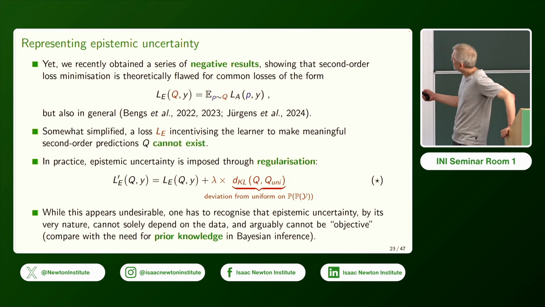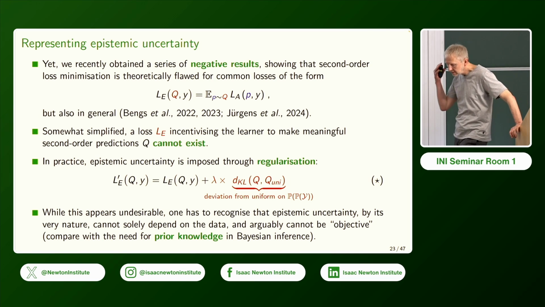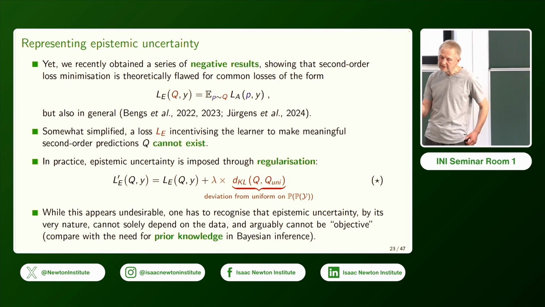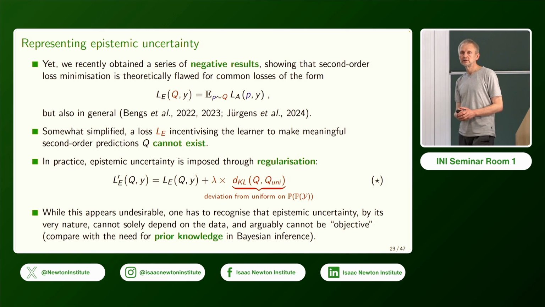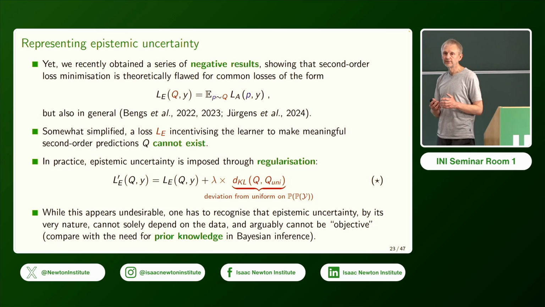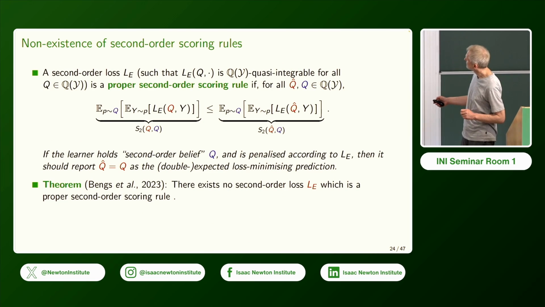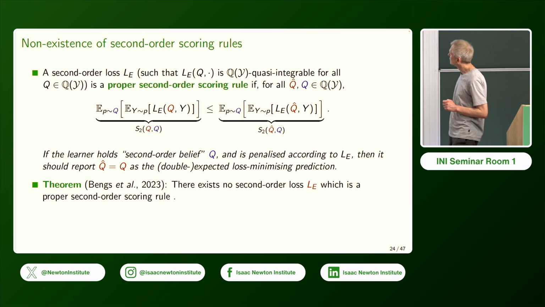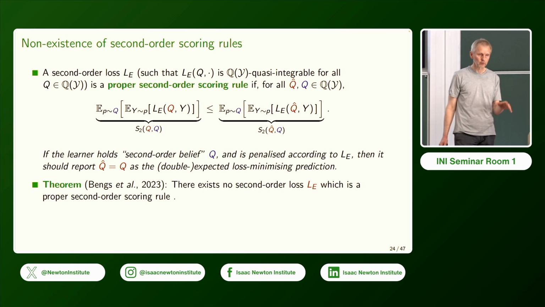Now, to make this a bit more rigorous, this point that there is no epistemic loss, no second-order loss, which incentivizes the learner to deliver meaningful second-order predictions, what we did is we generalized the notion of a proper scoring rule to a proper second-order scoring rule.